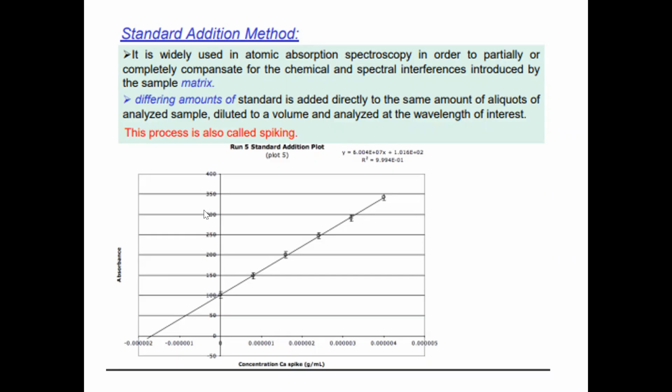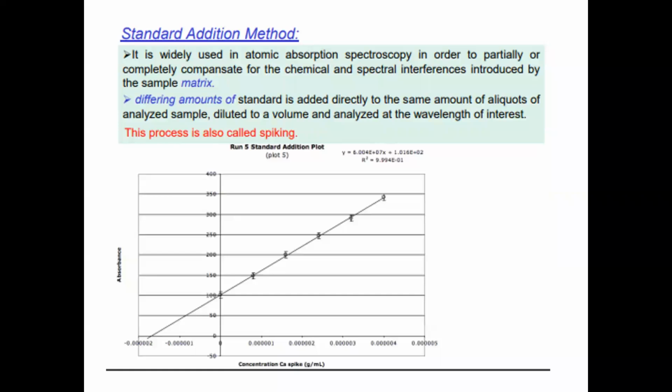Normally what happens is the absorbances are not very linear, or they will be lower because of the matrix interacting with your analyte. So there is lead, I'm using the example of lead, okay? Within your sample itself, there is lead, but that lead interacts with the matrix itself, okay? So you do not get a true absorbance.